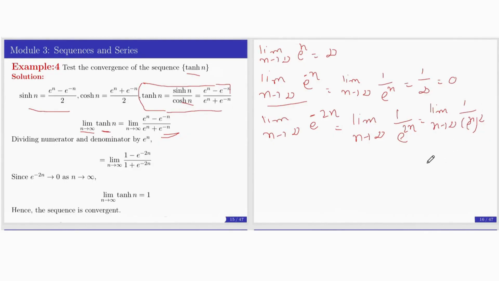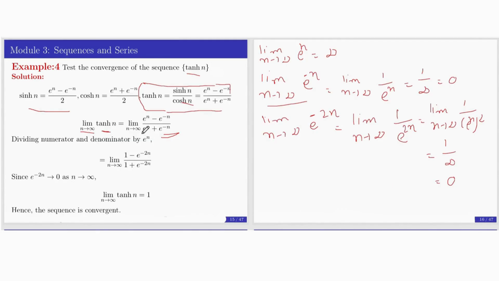Now we apply the limit: 1 upon infinity squared, and infinity squared is infinity, so we get 0. So from these three we conclude: the limit of e^n is infinity, the limit of e^(−n) is 0, and the limit of e^(−2n) is again 0. Now use this knowledge to evaluate the limit.